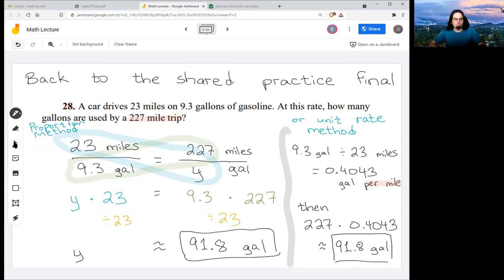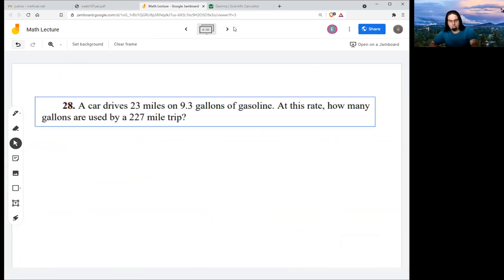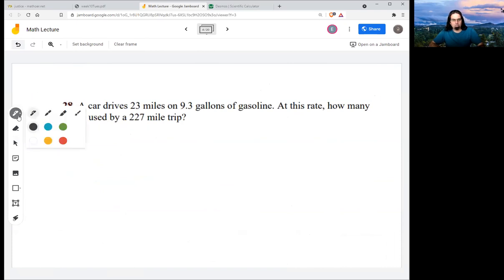You could also do this, and I'm going to do it another way before asking for questions on purpose, with the unit analysis.